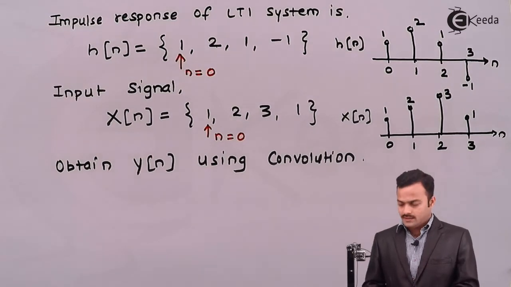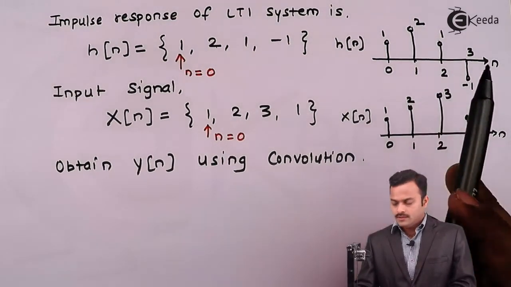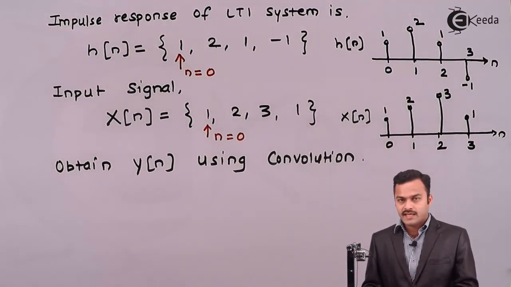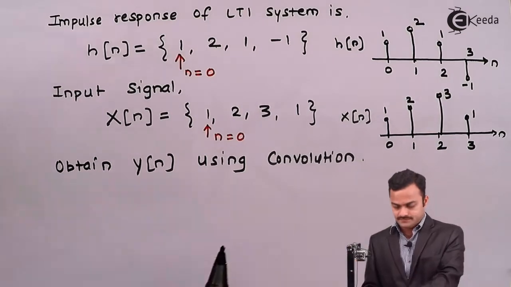So step number 1 is we need to replace this n by k so that we will get h of k and x of k.